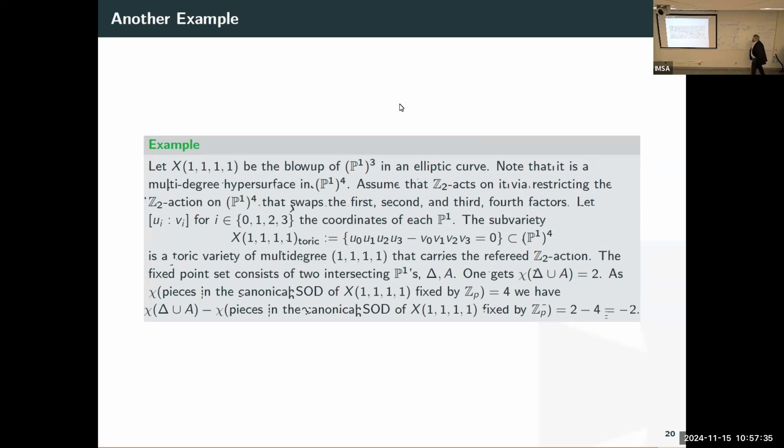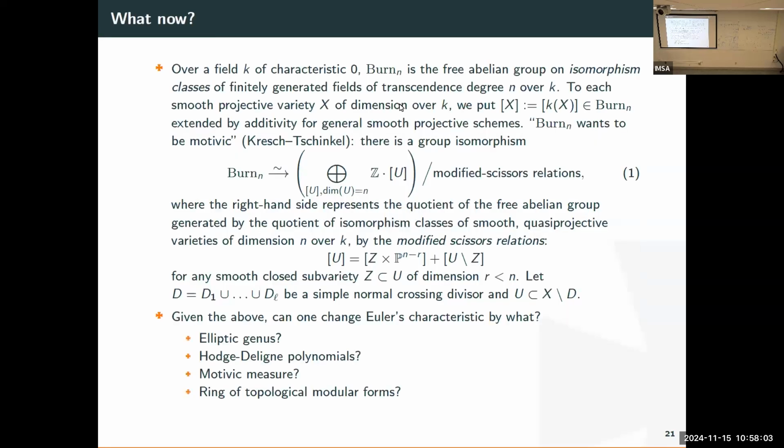So we have 2 coming from the fixed point sets and 4 coming from the atom, so it's 2 minus 4, it's equal to minus 2, so it's not 0. So then that's why you get that this P1 plus P1 plus P1 with an elliptic curve cannot be Z2-rational.